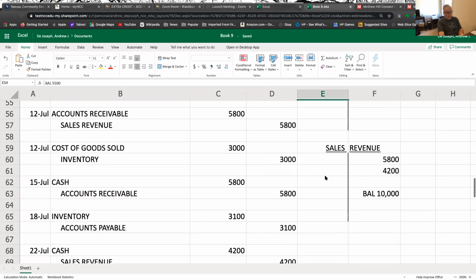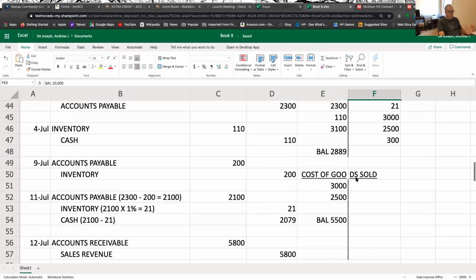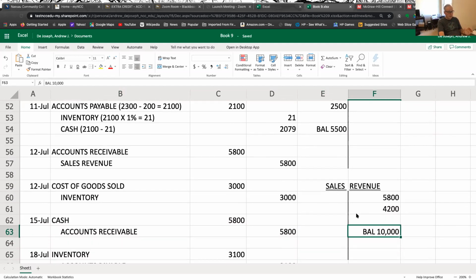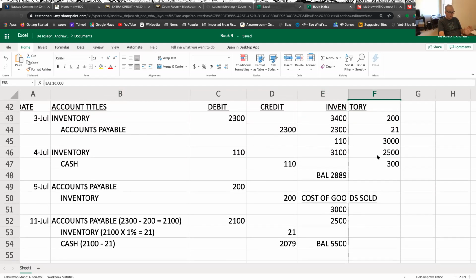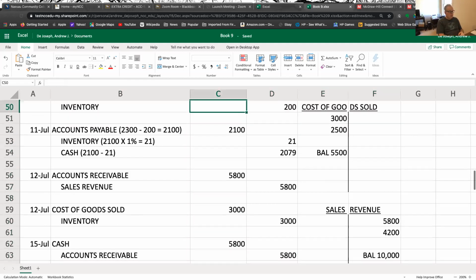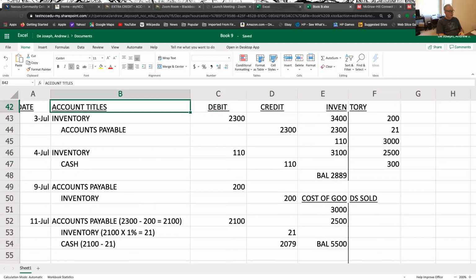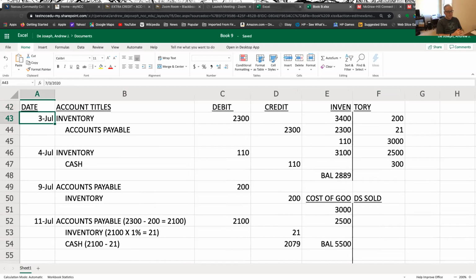I had to keep track of sales revenue. So when you're doing this problem for homework, just be aware of that. You're going to keep track of cost of goods sold. You're going to keep track of sales revenue. You're not going to have to keep track of inventory, which is the more complicated, I guess, of the three. And I hate to say that when you do things like that, you wasted your time, right? Because it's a good thing to know how to do. But, you know, again, I guess you could say you wasted your time.